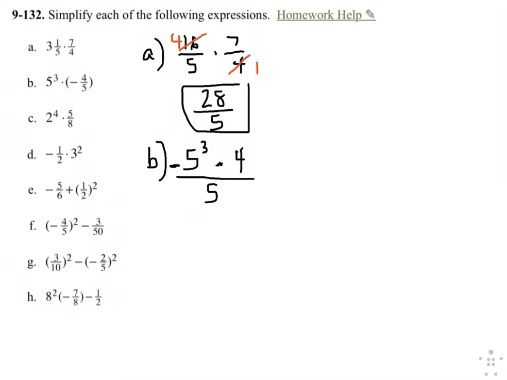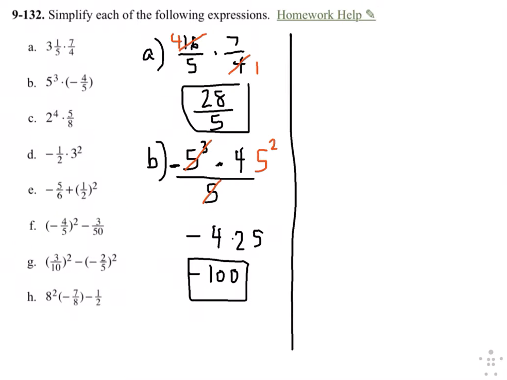We could have the 5 to the third and the 5 leaves us with, I'm going to write it over here, a 5 squared in the numerator. And that makes it a little easier for us. So the answer is negative 4 times 25, or negative 100 for B. Again, when you can cancel, cancel.